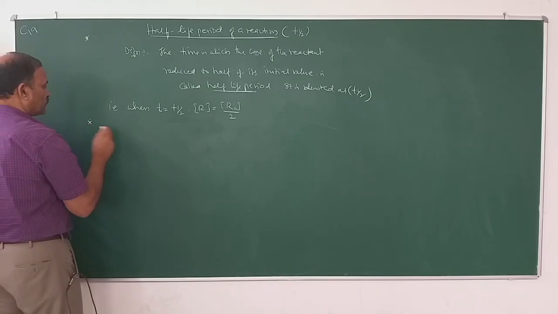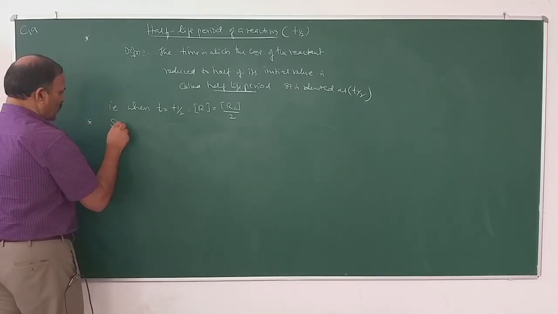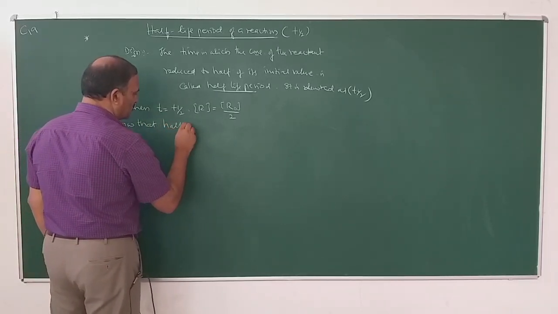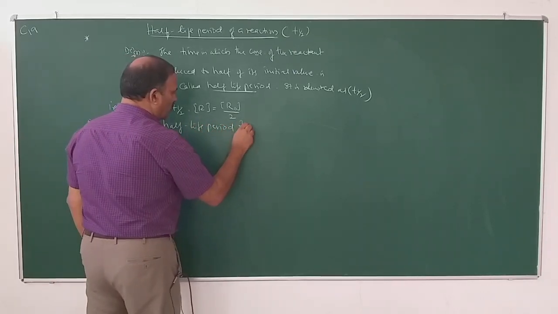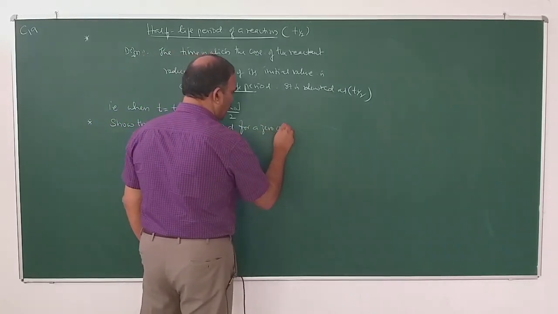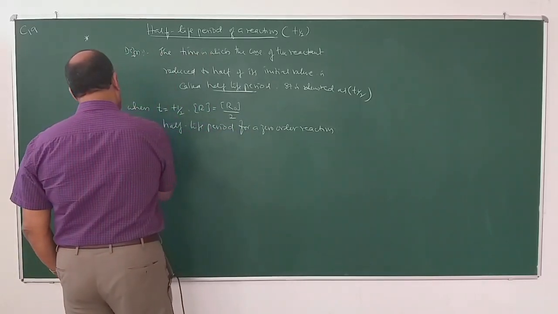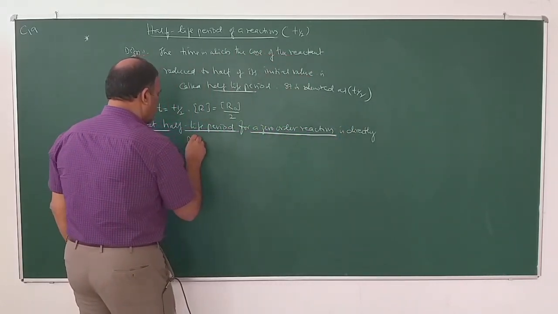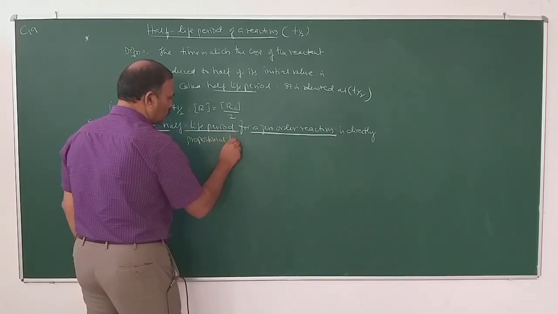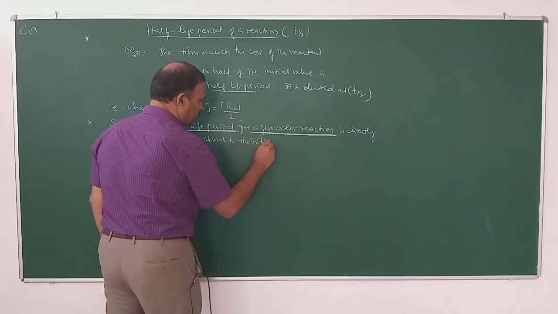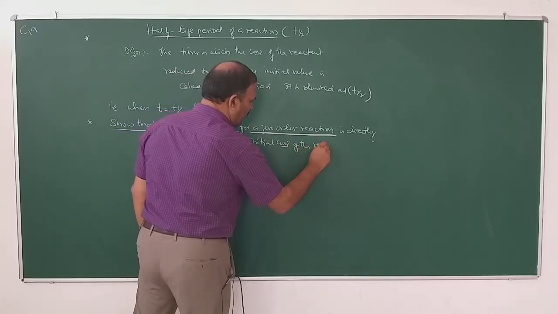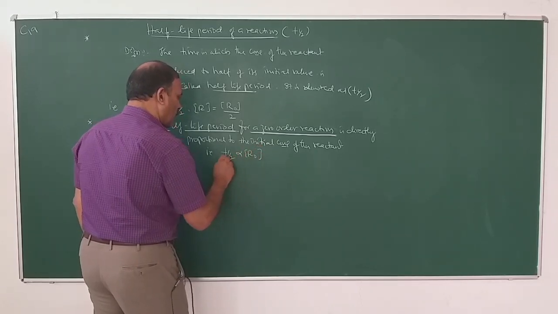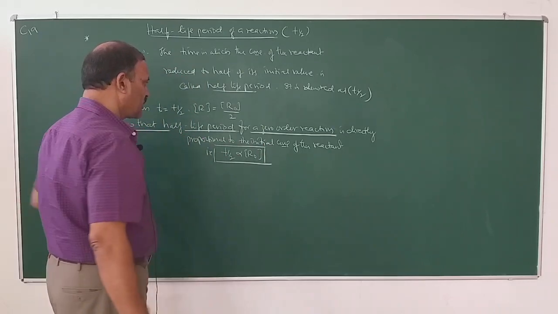Now we have to show that the half-life period for a zero order reaction is directly proportional to the initial concentration of the reactant, that is t1/2 is directly proportional to [R]0.